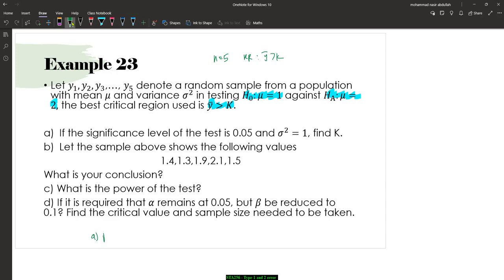So A, the probability of type 1 error, which is the probability of rejecting the null hypothesis when the null hypothesis is true. So probability of y bar more than k when mu null is equal to 1.